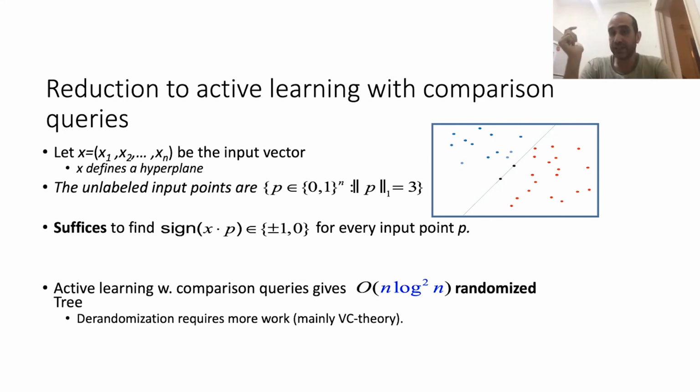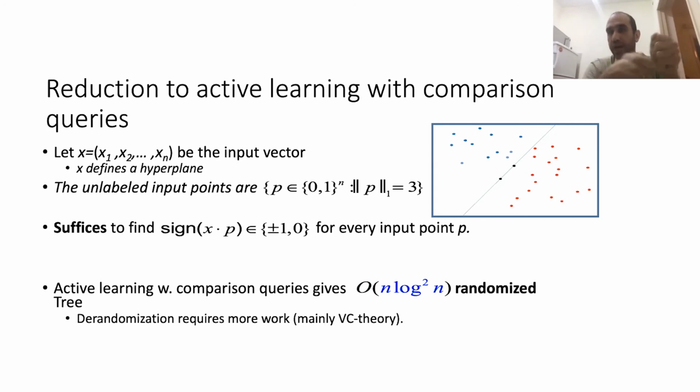And notice that if we were able to find the sign of the inner product between x and p for each of these points p, then not only do we know whether there is a triplet that sums to 0, we actually know the sign of the sum of each and every triplet.